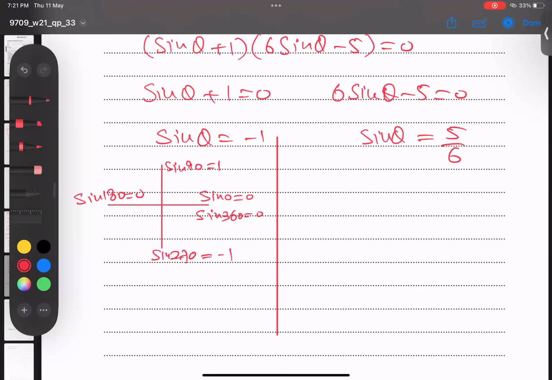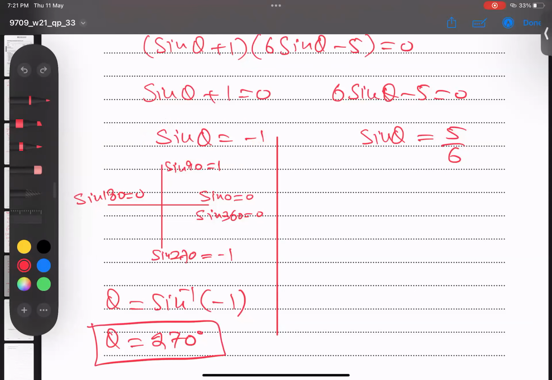So you can see when I take sine inverse, in short, I am asking what is the angle which gives us negative 1? So 270. So this is my answer coming from here. So Alhamdulillah, you understood very well. So we got this answer from here. So this part is done.